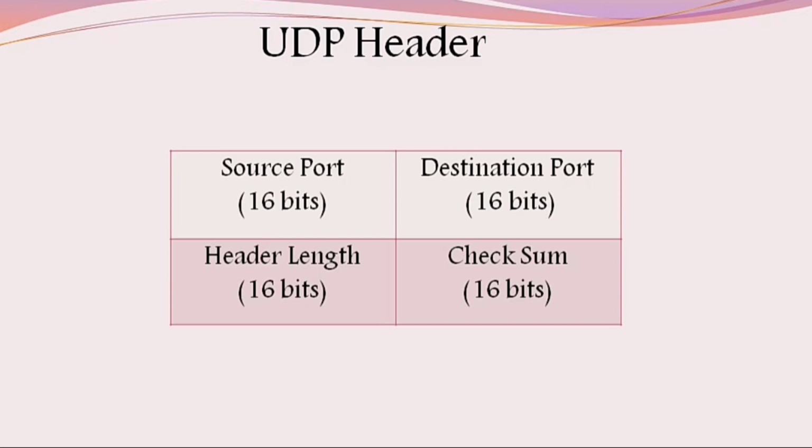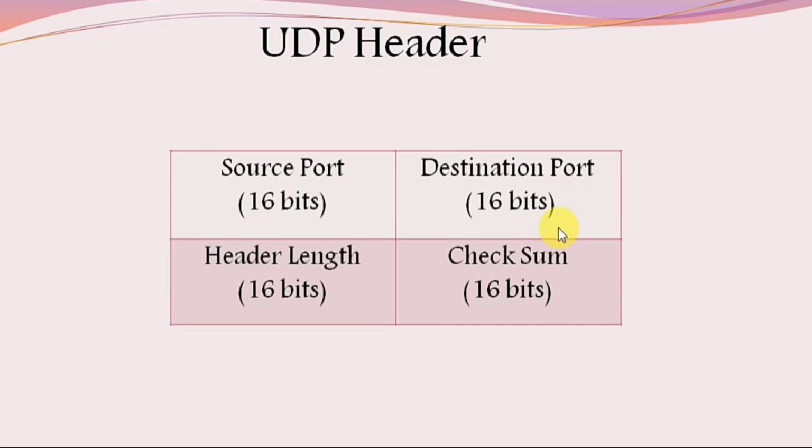Here, the same as the TCP header, the UDP header consists of source port and destination port. It will provide an end-to-end delivery, and the size of source port and destination port is each 16 bits. Since each has 16 bits, totally how many port numbers will be present? It is 2 power 16, and its range is 0 to 65535.